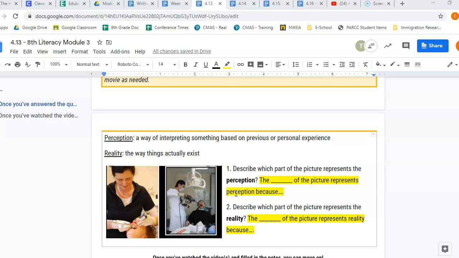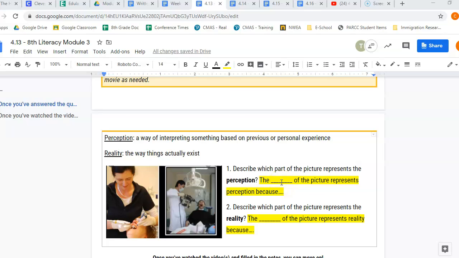And then what I want you to do is just take a minute to describe, based on the definitions that I just went over, which side of this picture, either the left side or the right side, represents perception and why. So go ahead and take a minute to fill in those blanks. Again, you're filling in the yellow, where it says the blank of these pictures represents perception because.